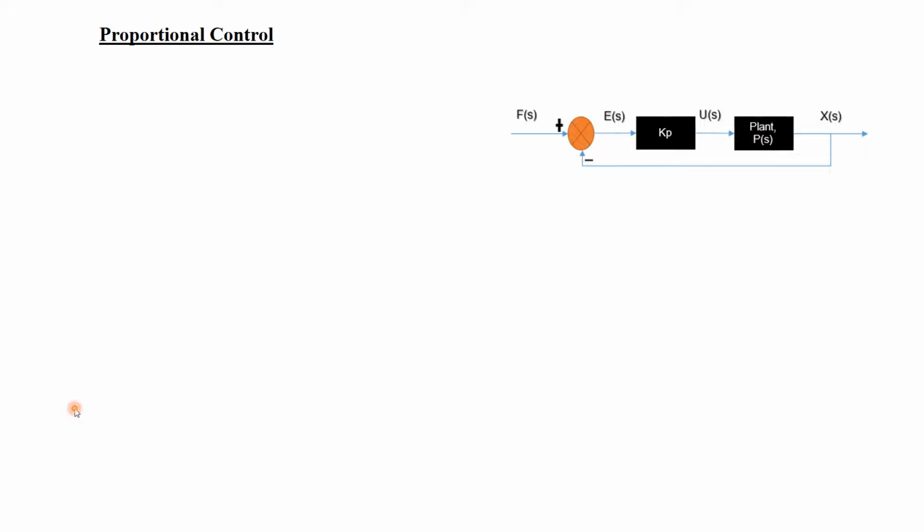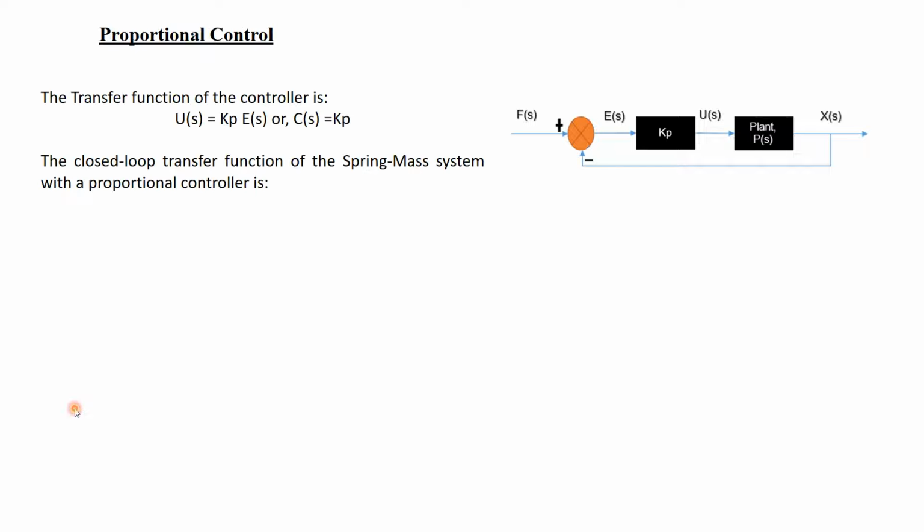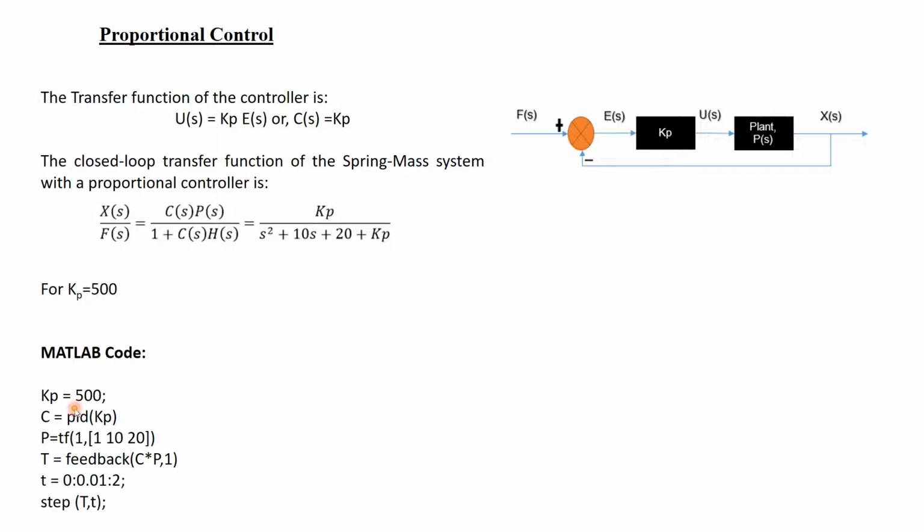In order to minimize that error, we used a proportional controller. The proportional controller increased the magnitude. A gain of 500 was taken, and the output was a typical second order system where we got some overshoot.